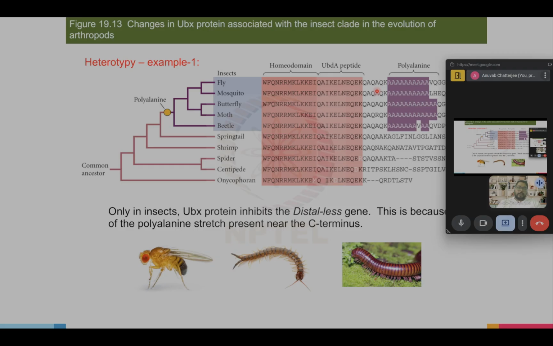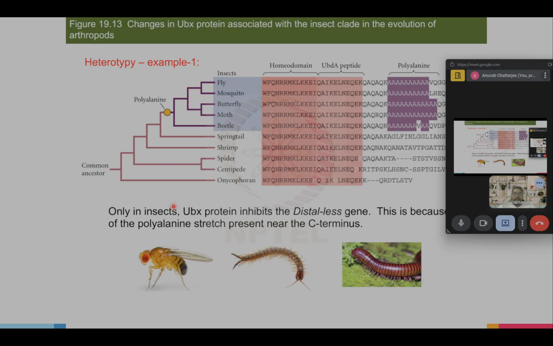The reason being, when the ultrabithorax sequence domain was sequenced and analyzed for different insects, they figured out that there is a stretch of polyalanine in these particular insects, and they attributed this towards causing the increase in number of legs, because there were changes in the UBX, the ultrabithorax peptide, which causes it to form more and more legs and more segments in case of these insects.